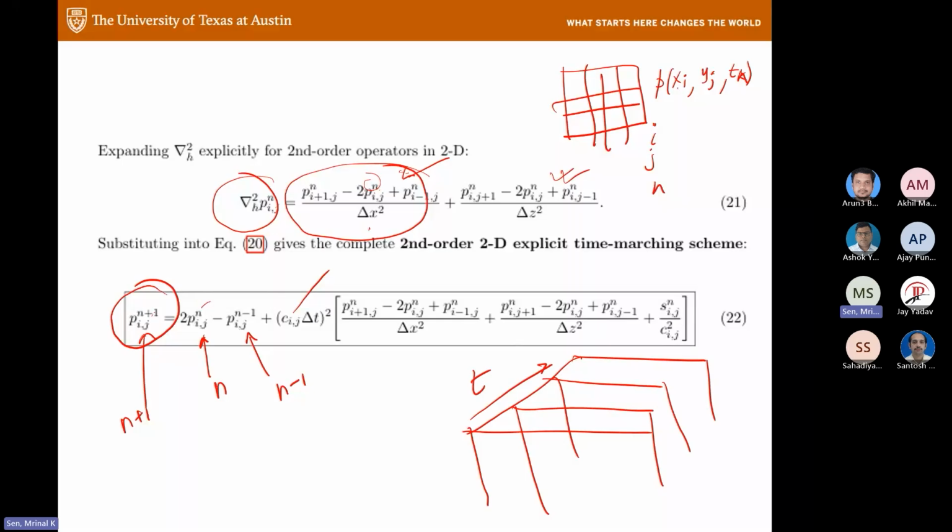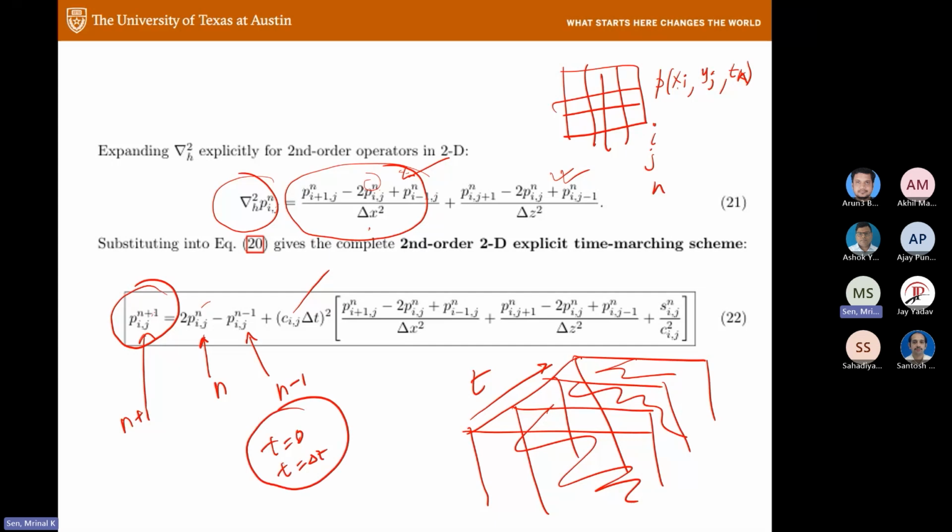So what I'm saying is that if I know the wave field at time, say t equal to 0 and t equal to delta t, I can actually compute the wave field at the next step. So you start at t equal to 0 and t equal to delta t. You assume that I know what those wave fields are, and it comes from your initial condition.